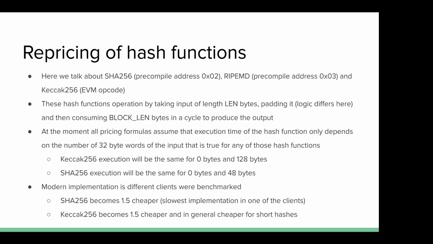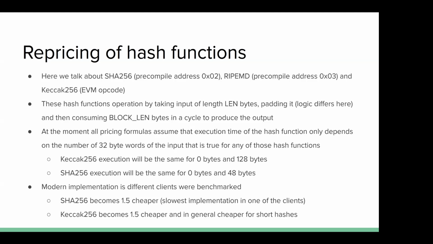Here, for example, 0 bytes and 48 bytes still will have the same execution time, even while if we use the existing pricing formula, one would have to pay different prices for these two cases.